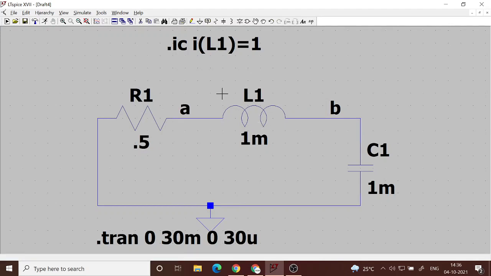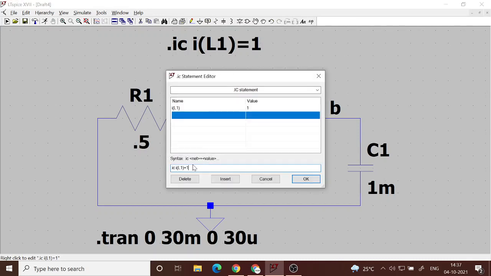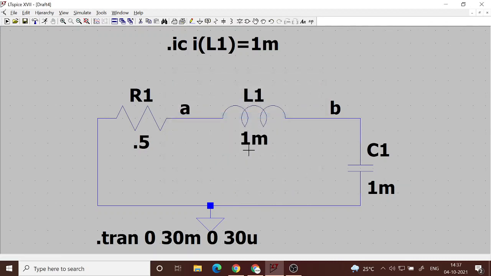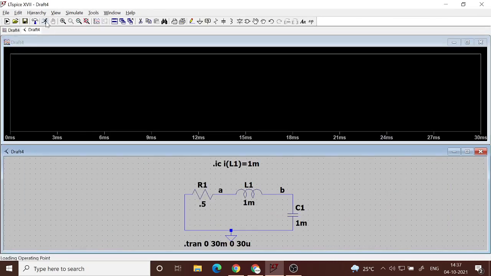Now I am saying that it's a very huge current. Let me reduce the value to say 1 milliampere, the current that was flowing initially.